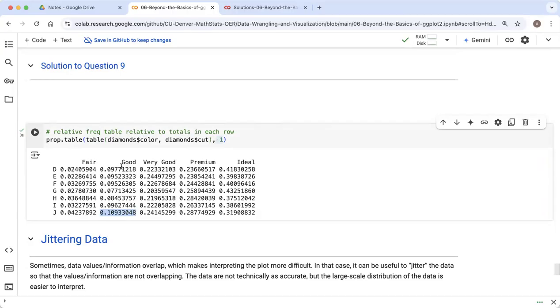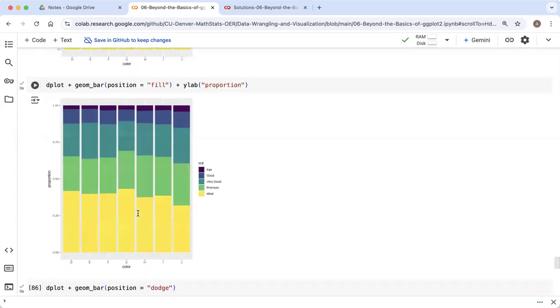Out of this column of good, this is telling me that out of all of the J colored diamonds, 10% of them were good. And I think that is the largest percentage of those. So J would win. I think that's what I said. That corresponds to this area in blue being the biggest.